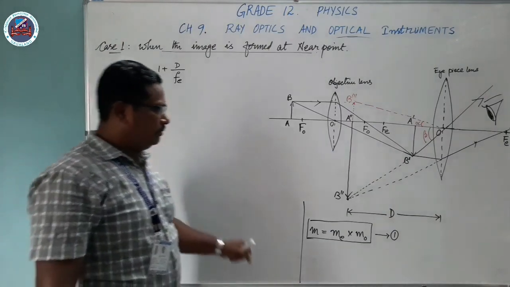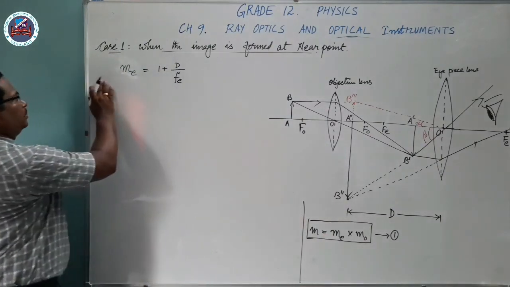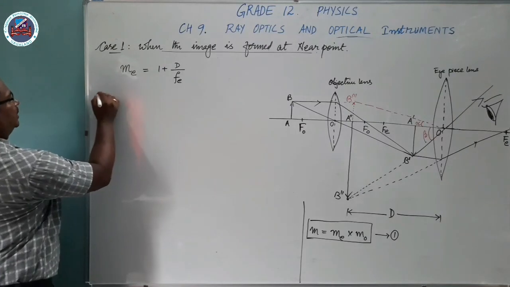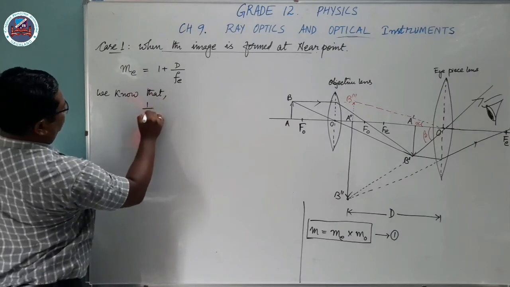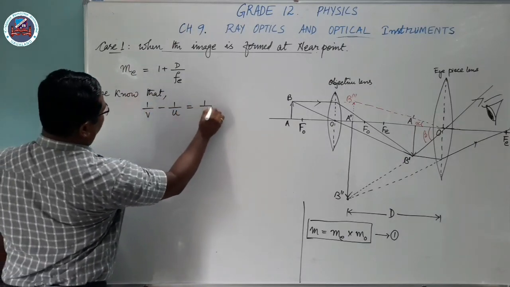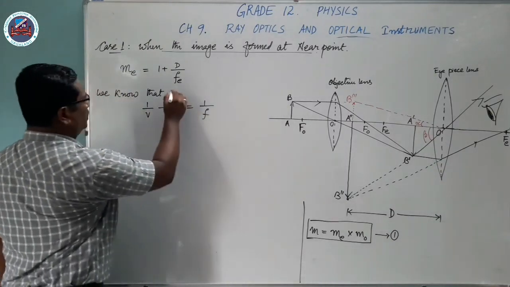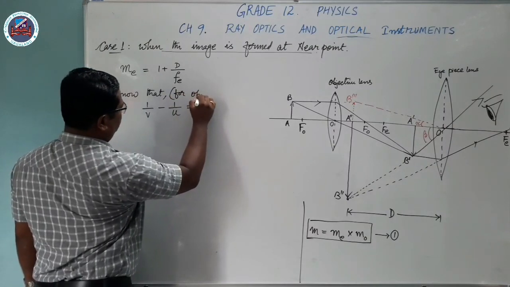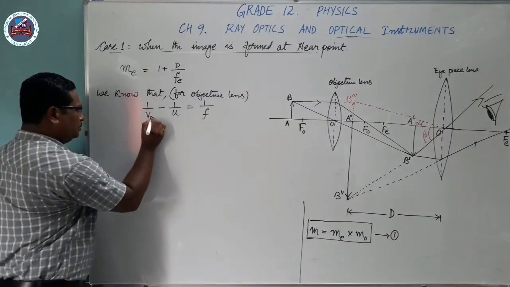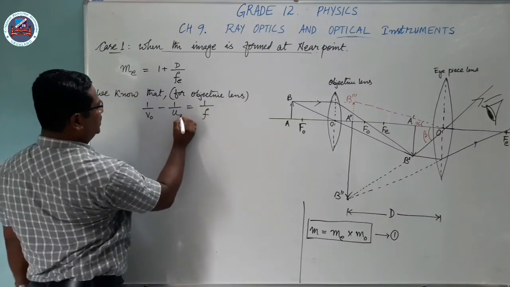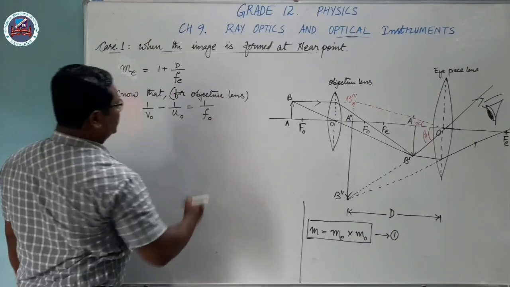Now let us see what is the magnification produced by the objective lens. To find it, we'll use this relation. We know that 1 by V minus 1 by U is equal to 1 by F. This is purely for the objective lens, so here we put the image distance and object distance of the objective lens, and the focal length of the objective lens.